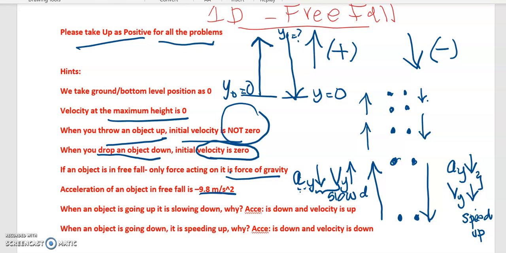Slow down and then speed up. So very important, and when the object is at the maximum height level above the ground, its velocity is 0. At that point when the object is at the highest point in its trajectory, it comes to a stop. Okay, so that's another thing you need to know, which I covered under the hints.